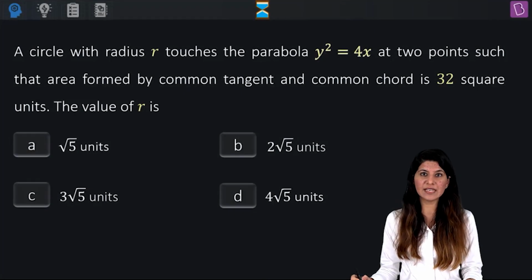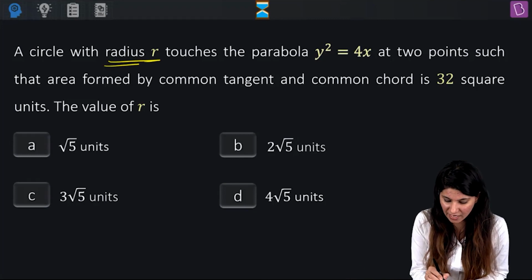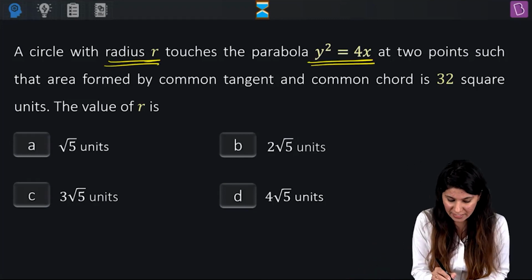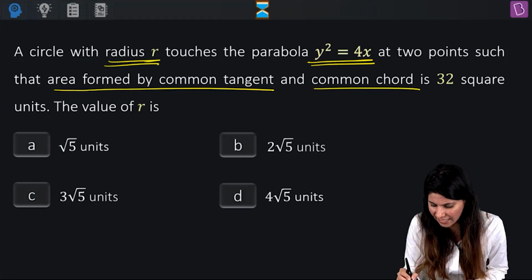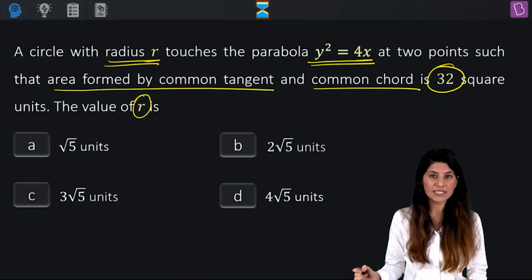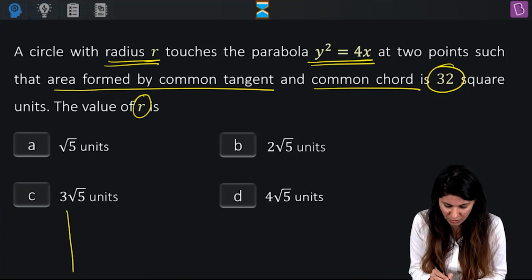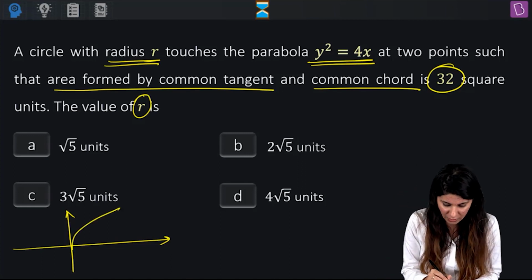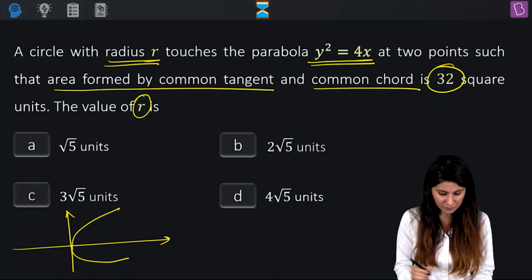In this question, it is given that a circle with radius r touches this parabola at 2 points such that the area formed by common tangents and common chord is 32 square units, and we are looking for the radius of the circle. So 50% of the question is all about sketching the correct figure. This is a rightward opening parabola, right?